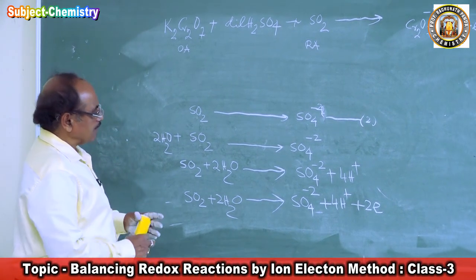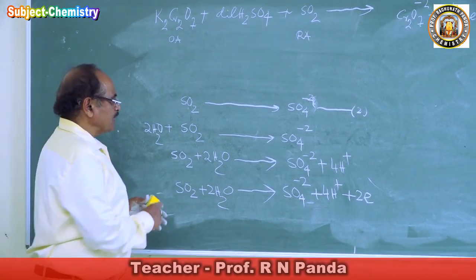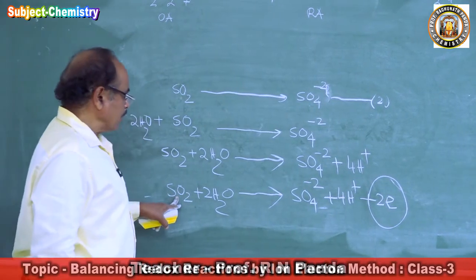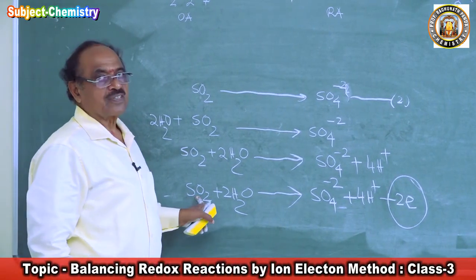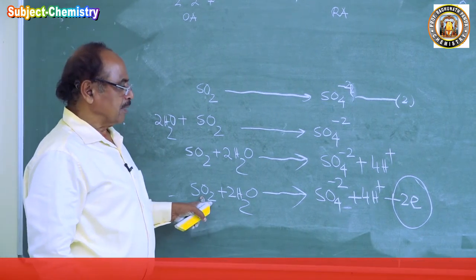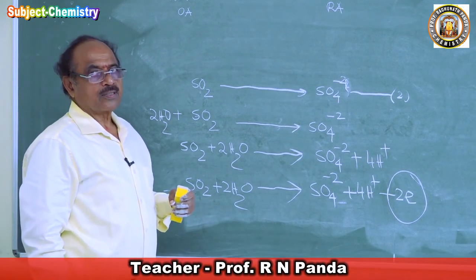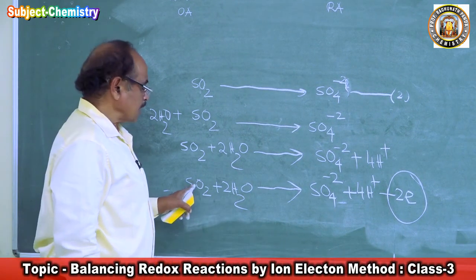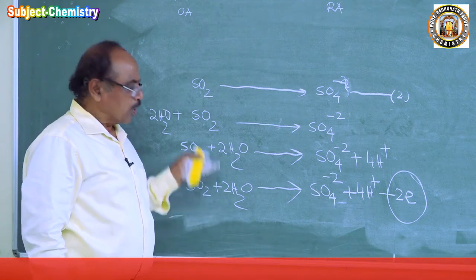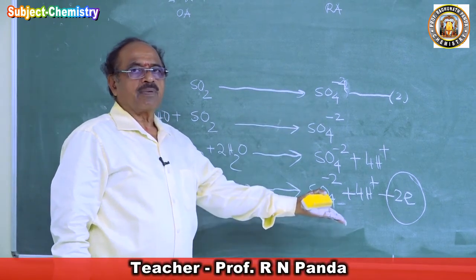Now what does this equation tell us? It tells us how many electrons are involved: 2 electrons. So the equivalent mass of sulfur dioxide is the molecular mass divided by 2, and the equivalent mass of sulfuric acid is also the molecular mass divided by 2.